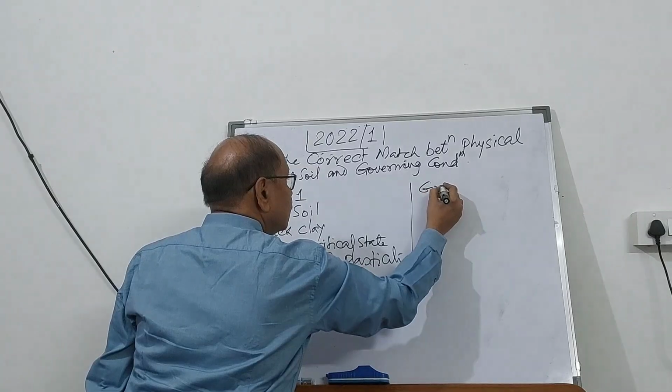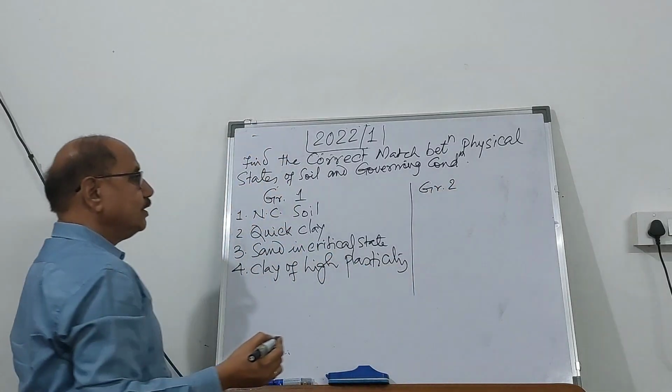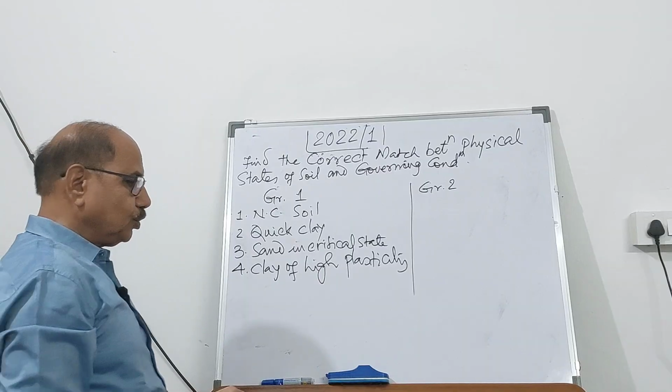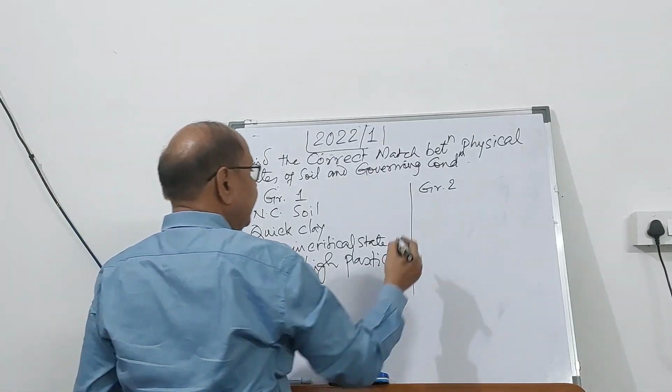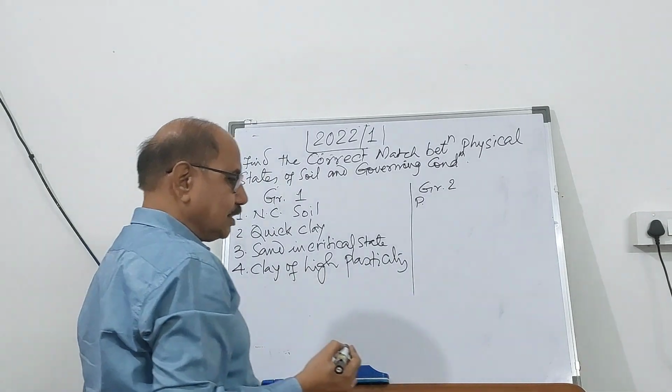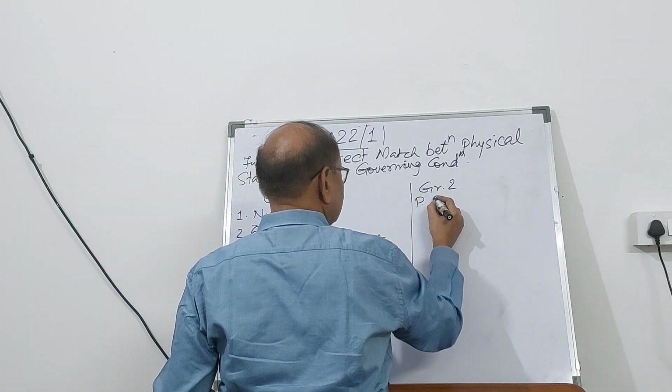And here the governing condition is given in group 2. P denotes sensitivity greater than 16.